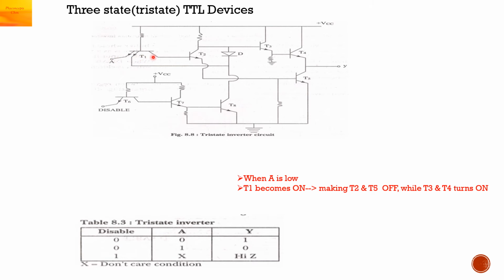When T1 becomes on, the collector voltage of T1 will go low, which will switch off T2, and that's why T5 will also be off and its collector voltage will be high as it is off, and hence the output Y is high. So it is just like acting like an inverter, where the input is low, you get a high output.